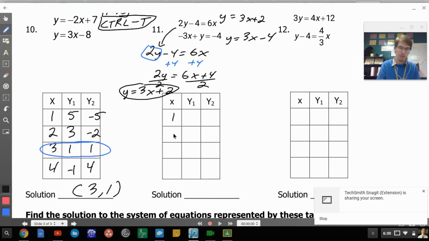I have 1, 5, negative 1, 2, 8, 3, 11, 5, 4, 14, 8. Now if you look at your graph, you should notice something kind of weird. Those two lines look parallel, and in fact, looking at their slopes, they are parallel. What does that mean for our solutions? Well, parallel lines are inconsistent, or no solution.